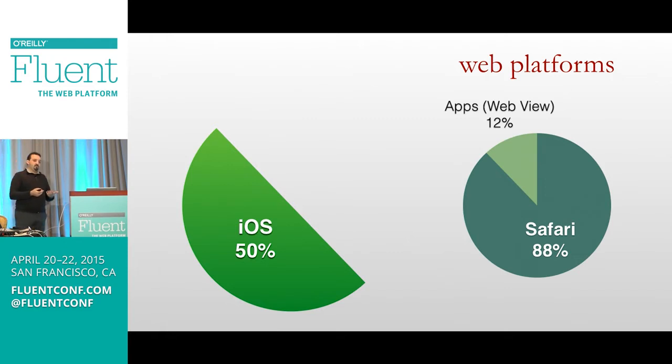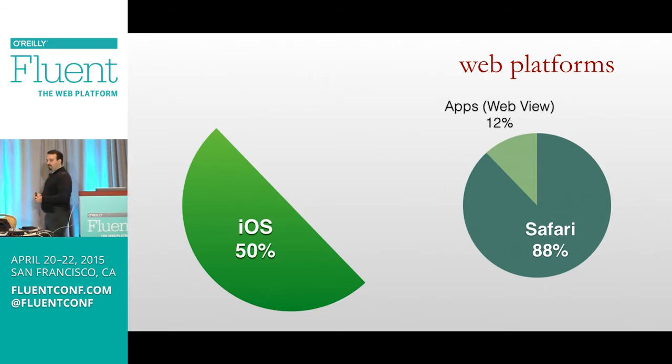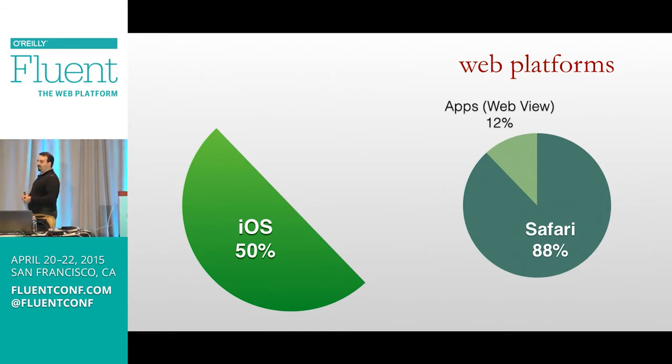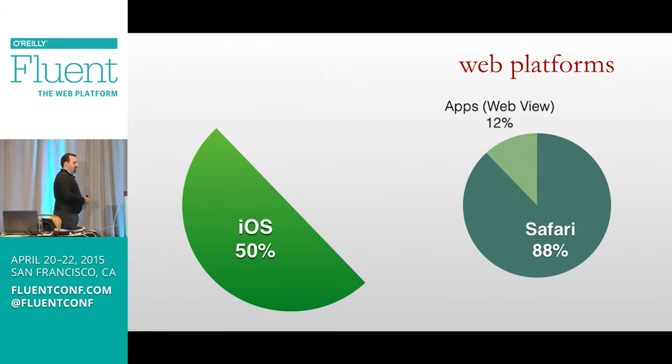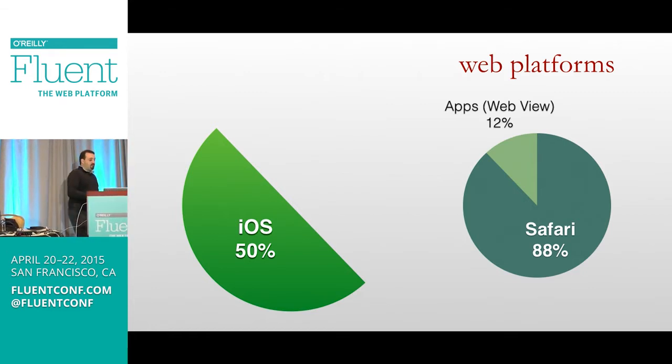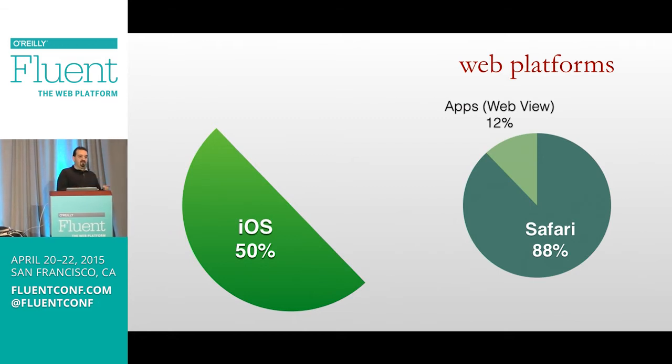Now on Facebook, on iOS, by default at least, when you click on a link, you are not going to the browser. You are browsing that link inside Facebook, and that's using the web view. And I'm sorry to say, the web view is not exactly Safari. It has a lot of things in common, and a lot of things that are really different, mostly with performance.